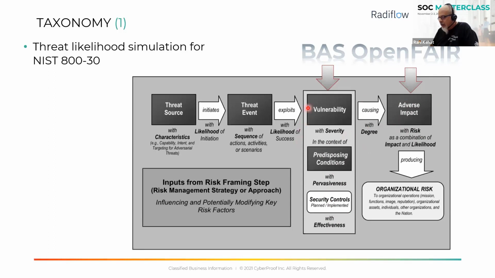Now, when I started the talk, if you remember, we were talking about how the most difficult part for us is when we want to stand in front of the board and quantify things and explain why we're asking for a budget and what our risk methodology is, because at the end of the day, risk comes down to dollars and cents.